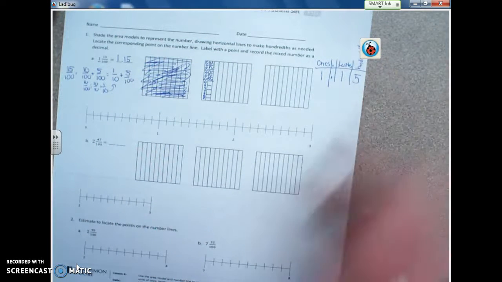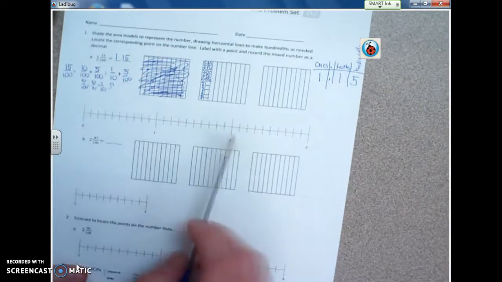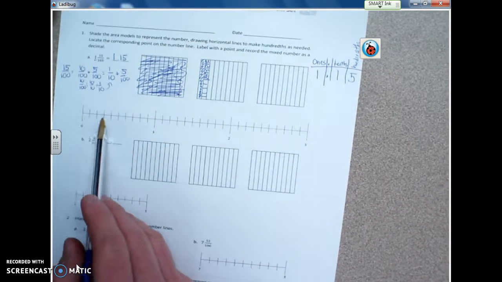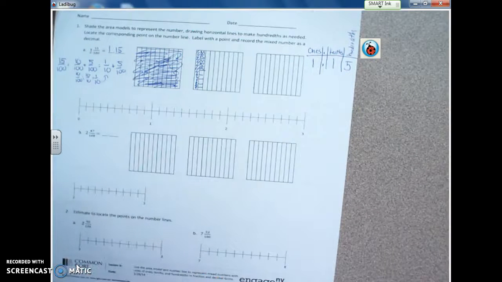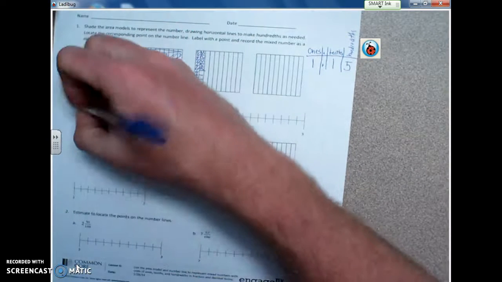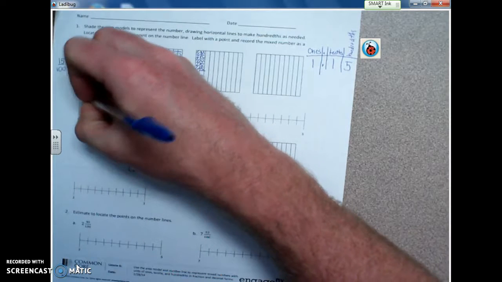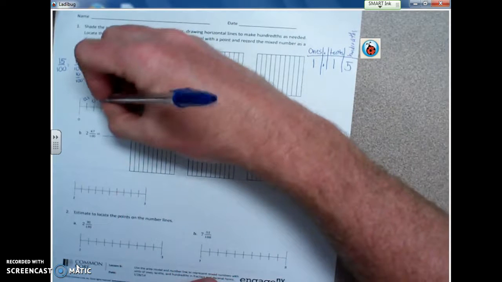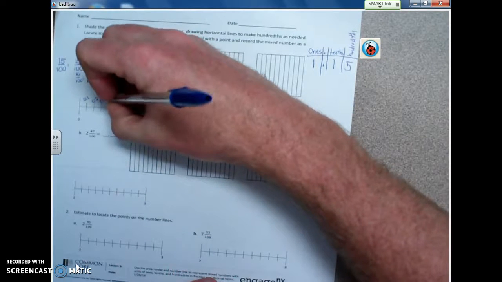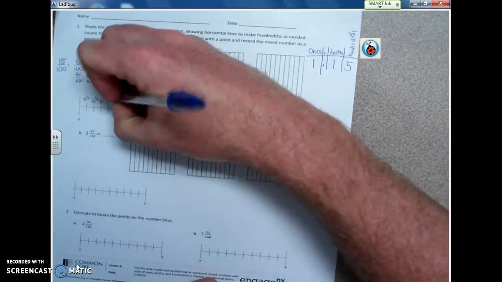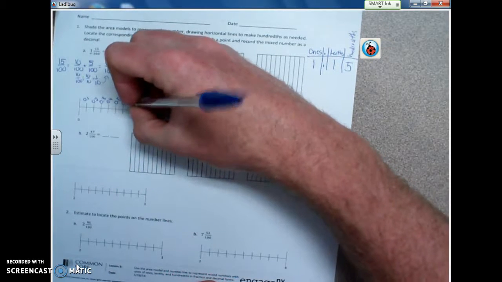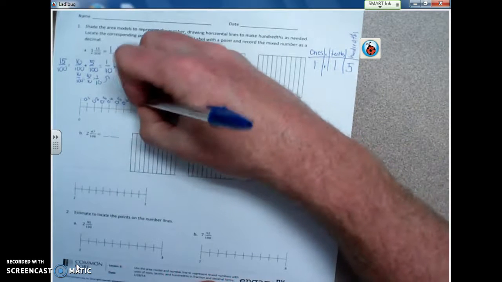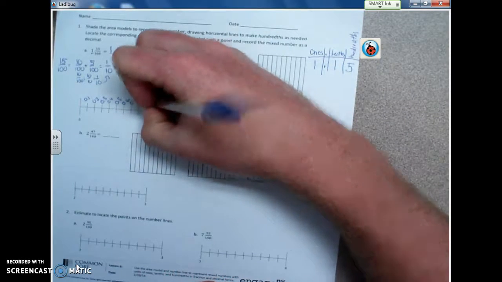So if I look at my number lines now, each of my wholes is broken into 1, 2, 3, 4, 5, 6, 7, 8, 9, 10 pieces. So it's broken into tenths. So this is 0 and 1/10, 0 and 2/10, 0 and 3/10, 0 and 4/10, 0 and 5/10, 0 and 6/10, 0 and 7/10, 0 and 8/10, 0 and 9/10.